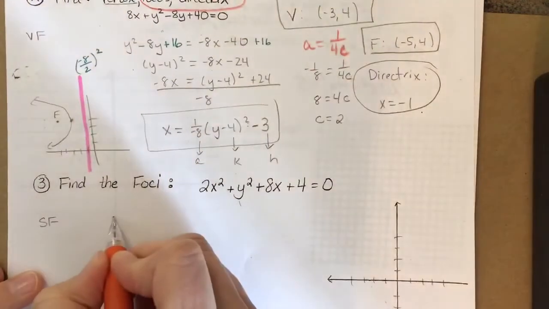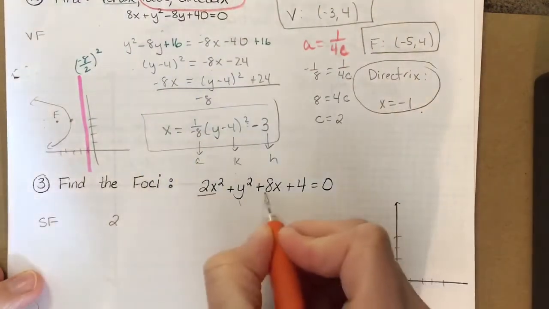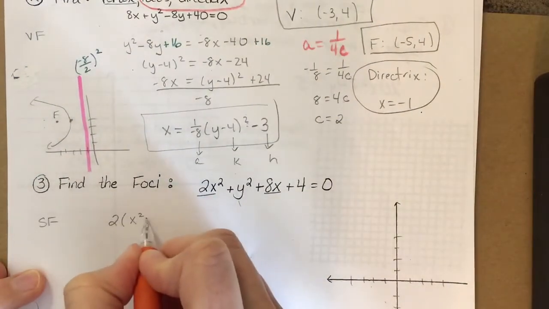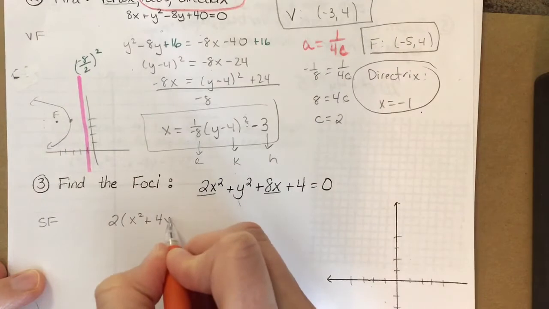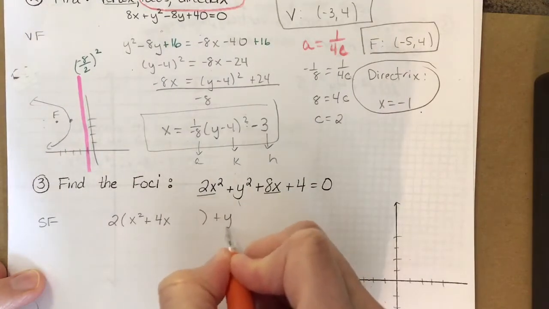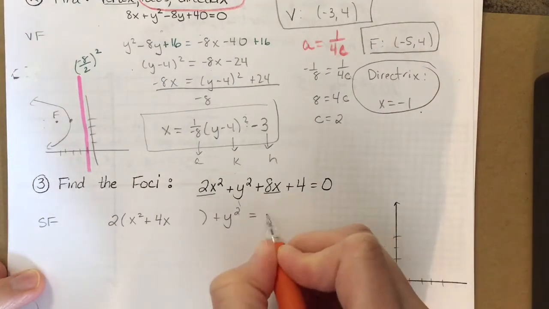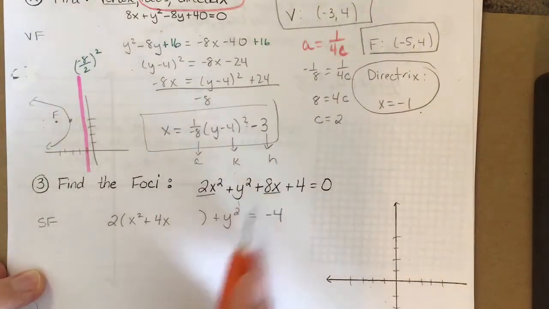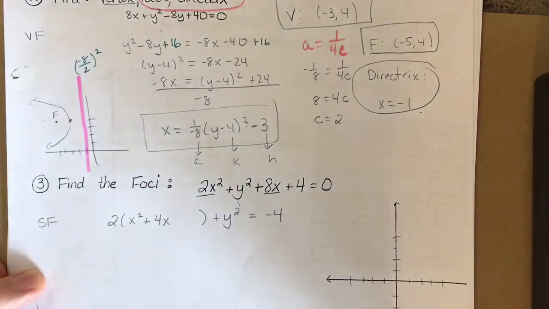So I'm going to put my x's together. I'm going to factor out a 2, and I have x squared plus 4x. Leave a spot for what? To complete the square. So put my x squared, my x's, my y squared, get my constant on the other side.